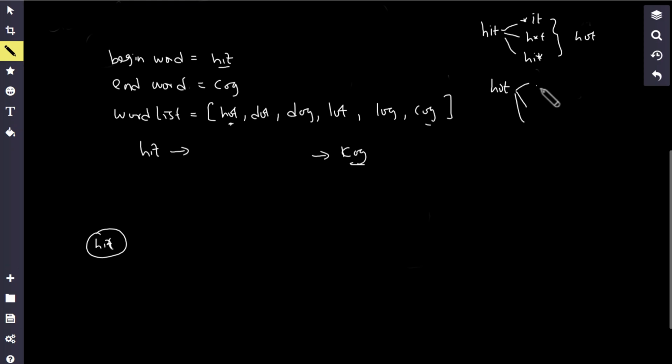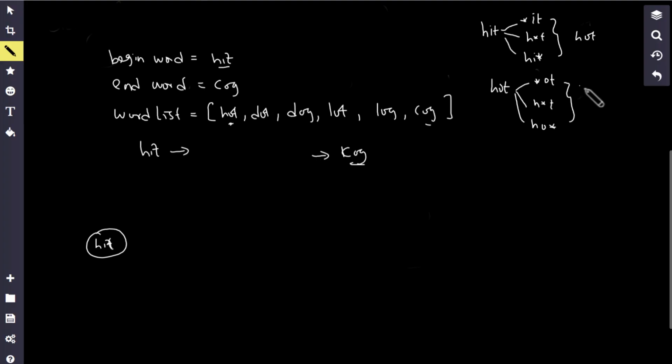Again, if you look at the three possibilities of HOT being changed at one character, we either change the first character, which is *OT, or the second character, which is H*T, or the third character, which is HO*. And then if we look at the word list, what would be the appropriate neighbors of HOT?